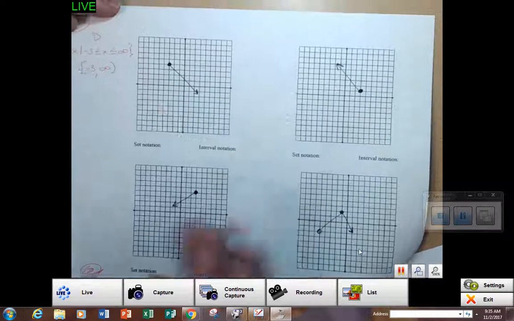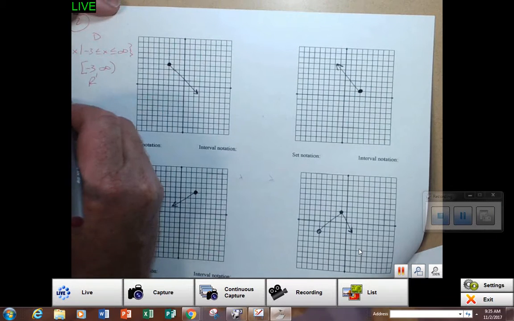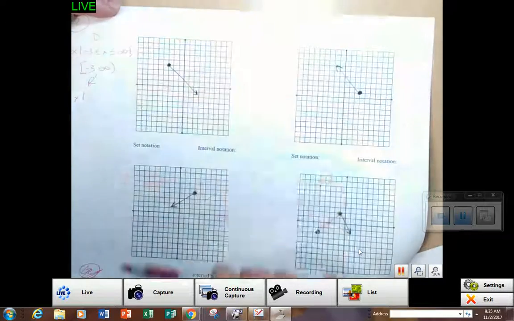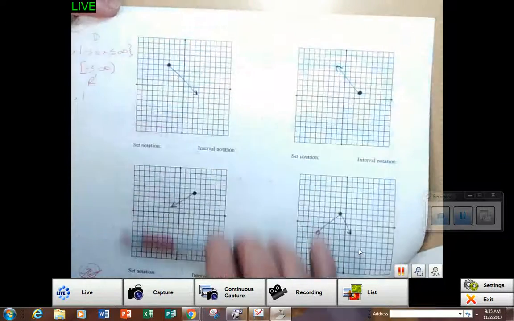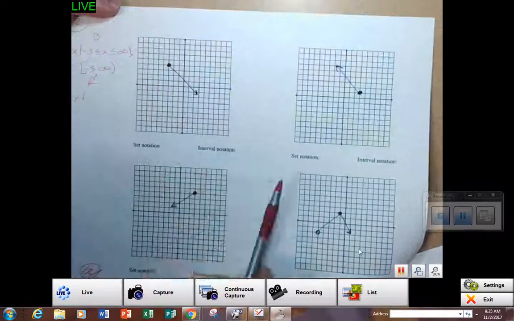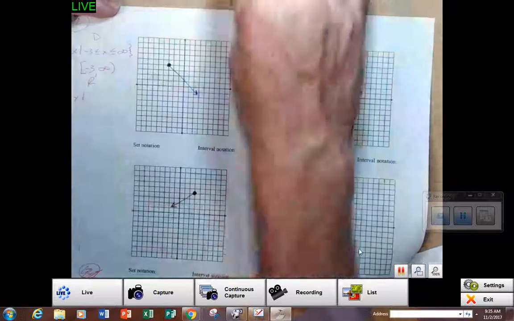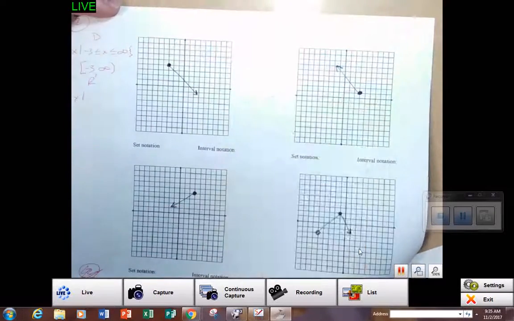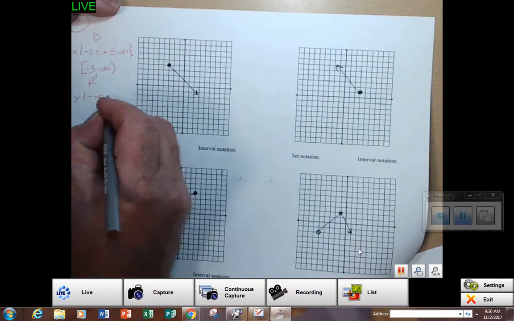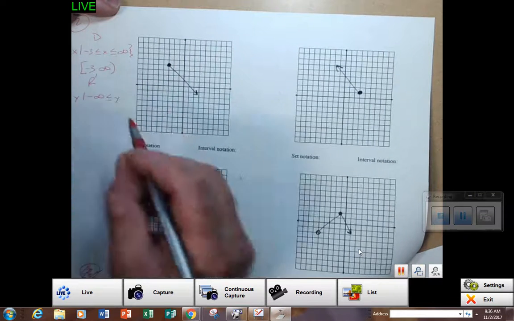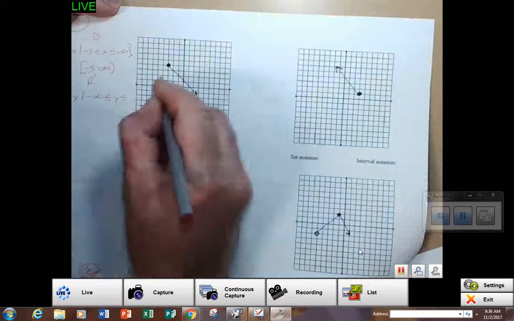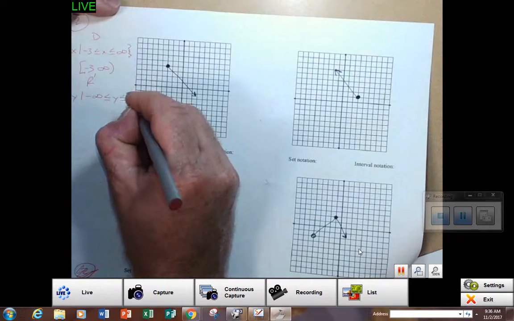My range for this one, put a bracket there, y, measured from negative infinity. There's no bottom limit to it. So range is measured from bottom to top. So even though this is going off to the right, to the positive zone, in terms of being measured up or down, it is going down. So this is measured by negative infinity, less than or equal to y, bordered by right here, less than or equal to, because of that solid circle, +4.